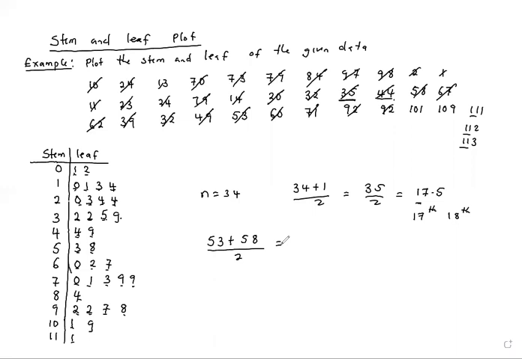So we'll get 111 over 2. So now I'm looking for the median. 111 over 2. This is 55.5.